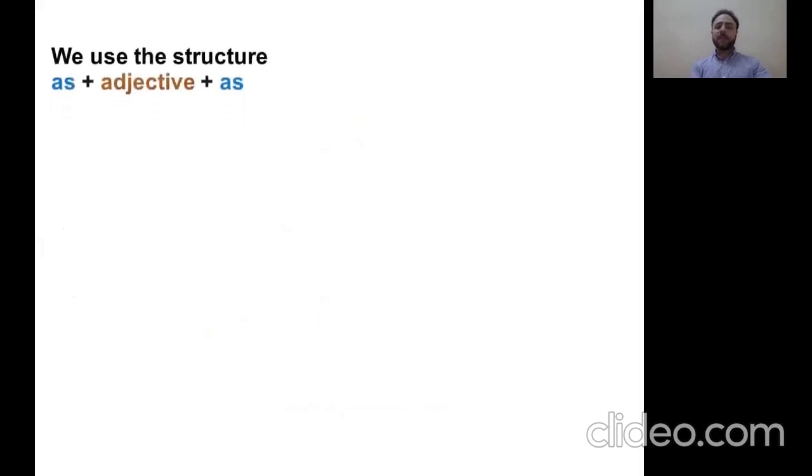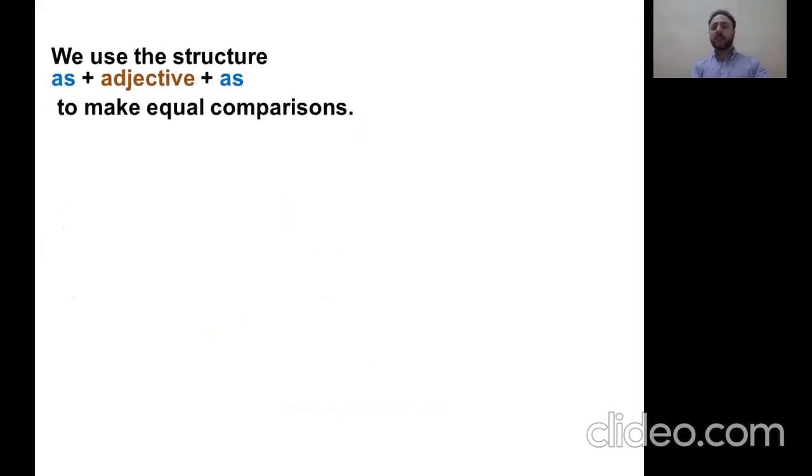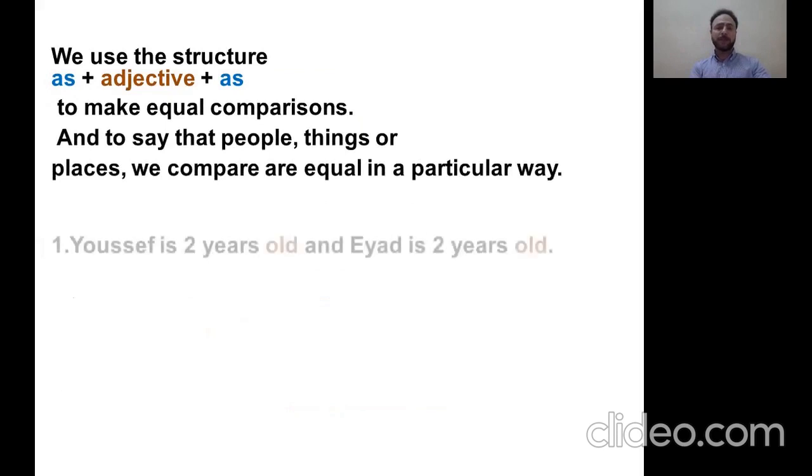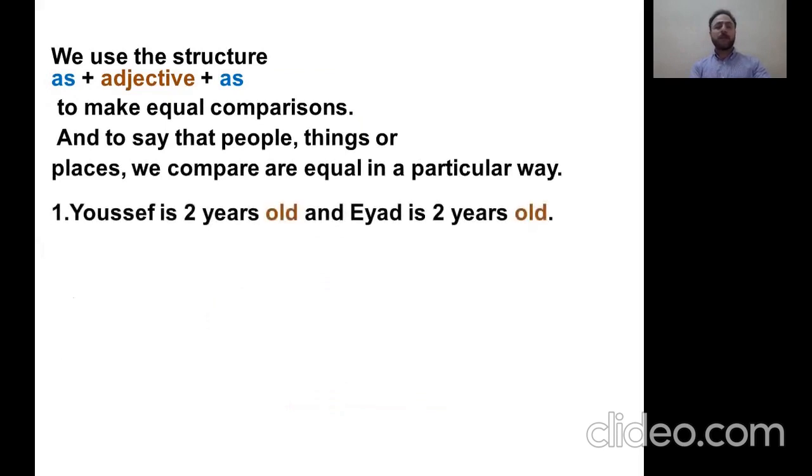We use the structure as plus adjective plus as to make equal comparisons and to say that people, things, or places we compare are equal in a particular way. Look at number one. Yusuf is 2 years old and Iyad is 2 years old.